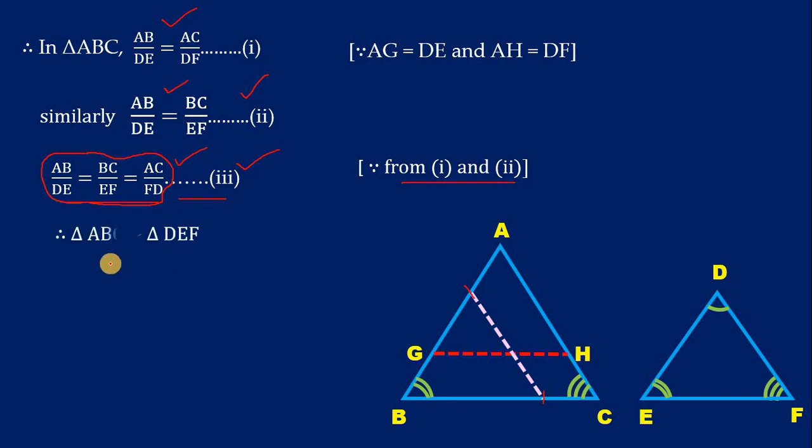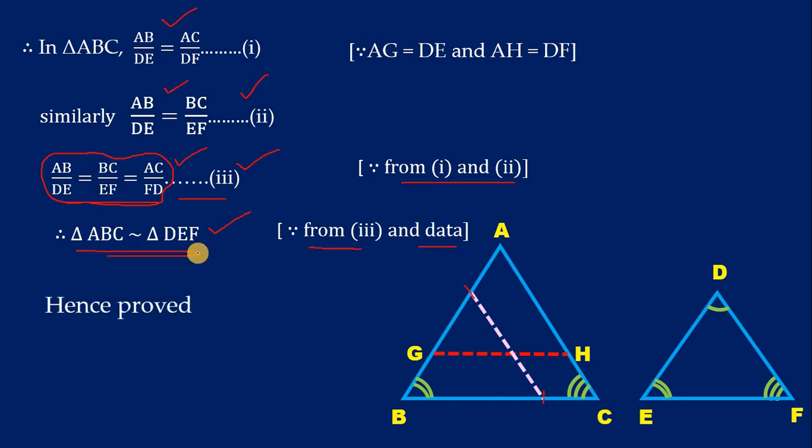Hence, now we can write that these two triangles are similar. Why? You have learned two triangles are similar if and only if, first, all corresponding angles are equal, and second, all corresponding sides are proportional. So the reason is from 3 and the data. So this is what we wanted to prove, the second thing. Hence we have proved.